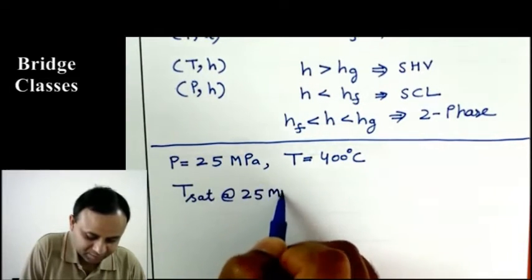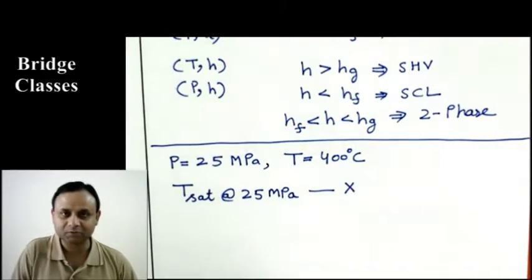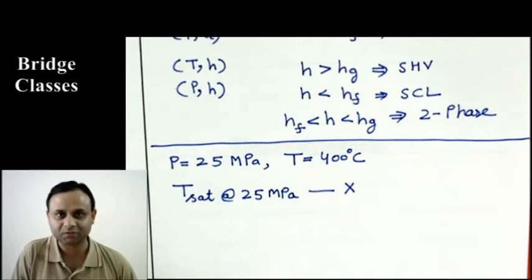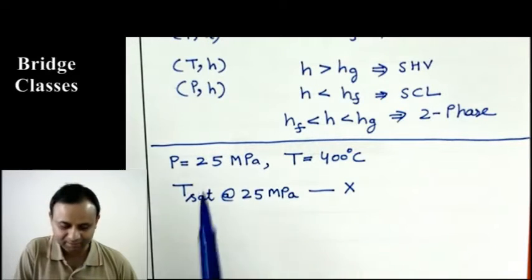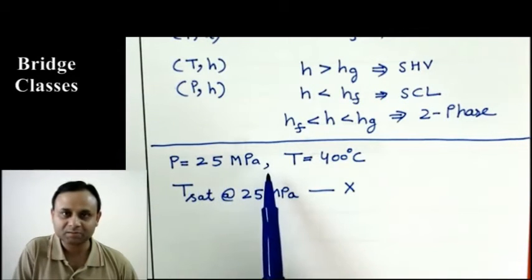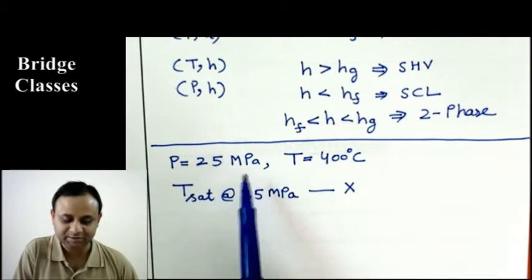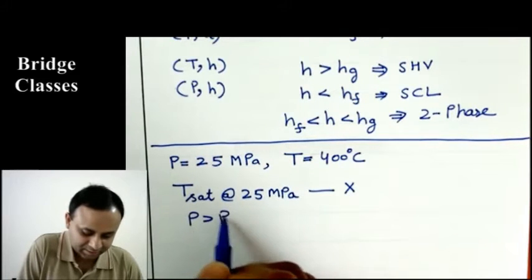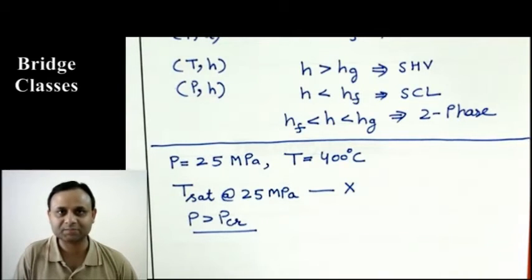Actually, you won't find this value in the table because 25 megapascal is above the critical pressure for water. So this pressure is not even there in the saturated liquid vapor table because there is no distinct phase change at this pressure. This is supercritical pressure. So you can't read saturation temperature from table.